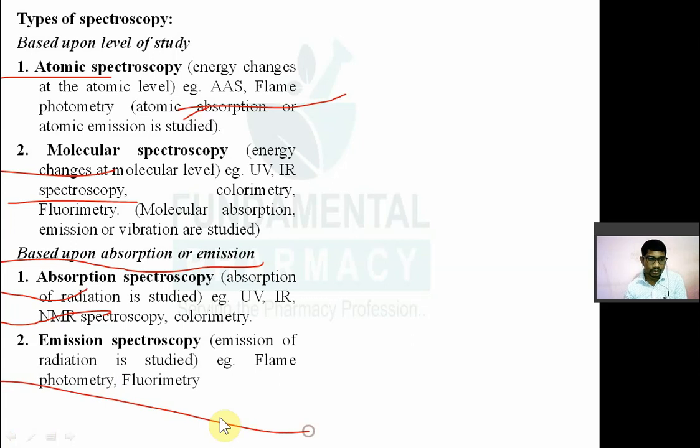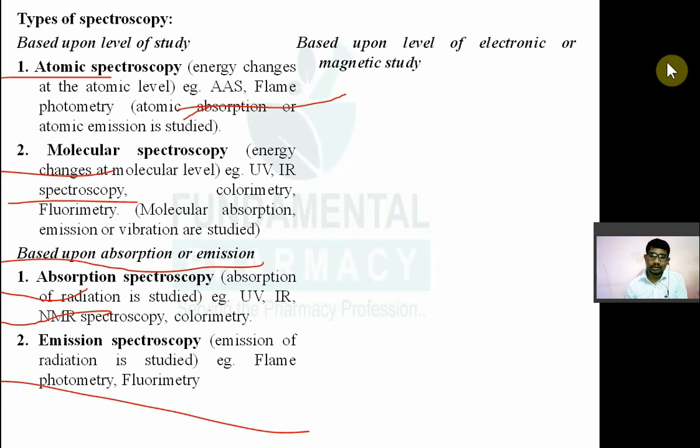Now next is based upon the level of electronic or magnetic interaction of the radiation. If it interacts with the electrons of the molecule, it is known as electronic spectroscopy, and if it interacts with the magnetic energy of the molecule, it is known as magnetic spectroscopy.